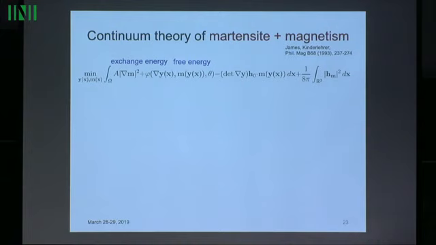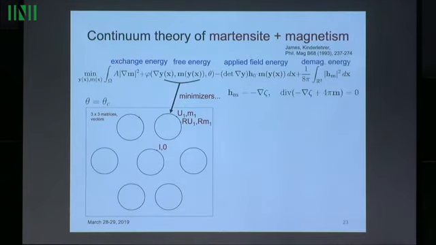And then if you have an applied field, you have a term like this. This determinant is just to take care of the change of variables. And this is the demagnetization energy. This is related very much to what Peter was discussing this morning in terms of depolarization or polarization effects. It's the L2 norm of H_M, and H_M is the gradient of a potential, and there's a differential equation which relates that potential to the magnetization.